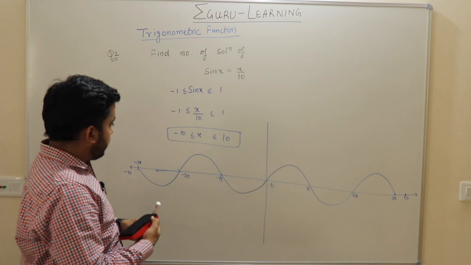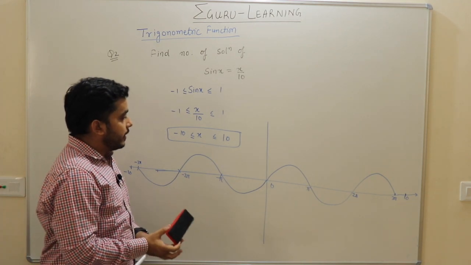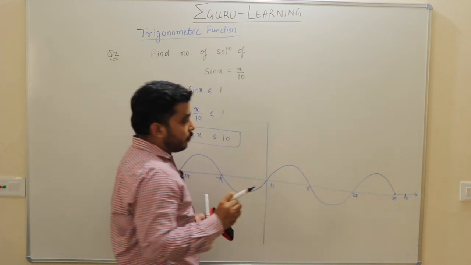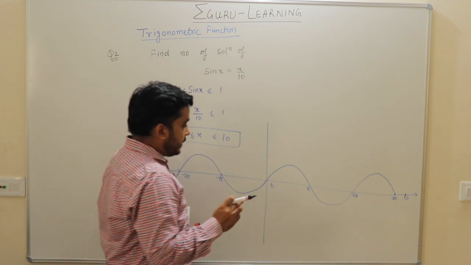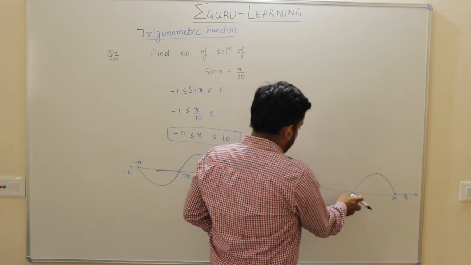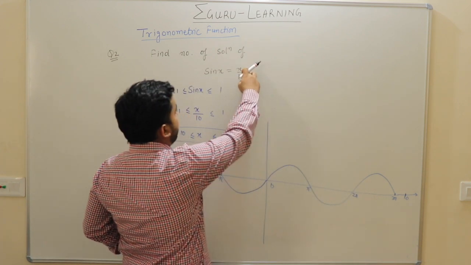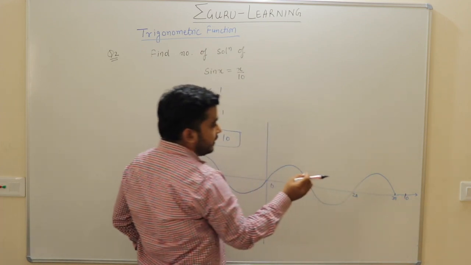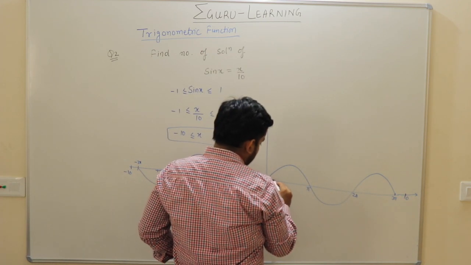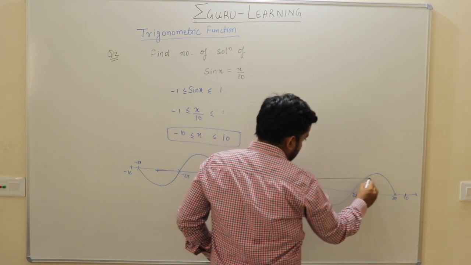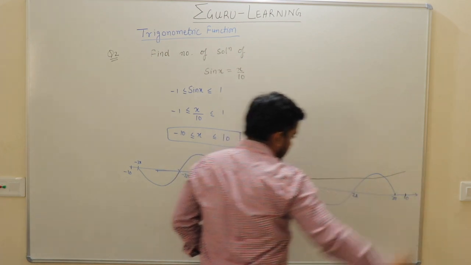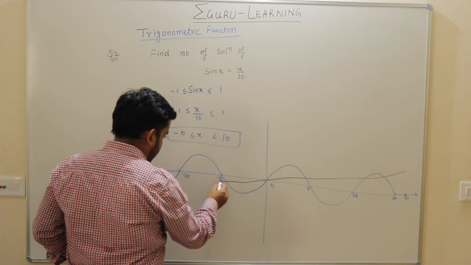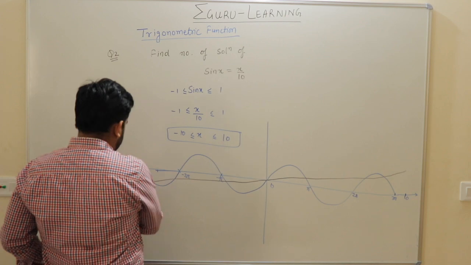Now I need to plot the line y equals x by 10, and we need to be very careful while drawing it. At x equals 2 pi, that is 6.28, the value becomes 0.628, still less than 1. At x equals 3 pi, the value is 0.9, still less than 1. But from here the graph will go upwards like this.